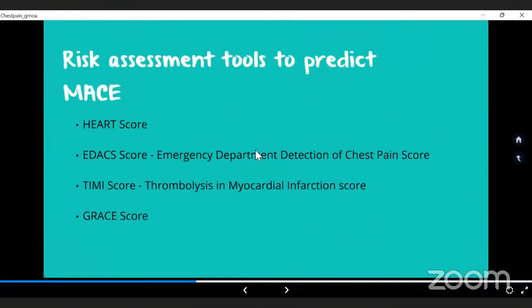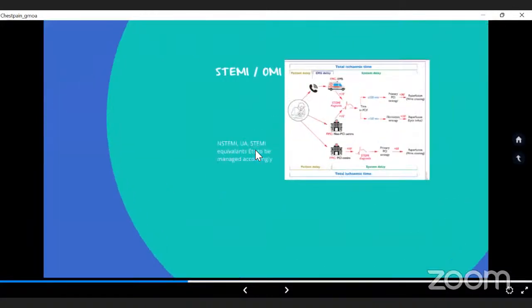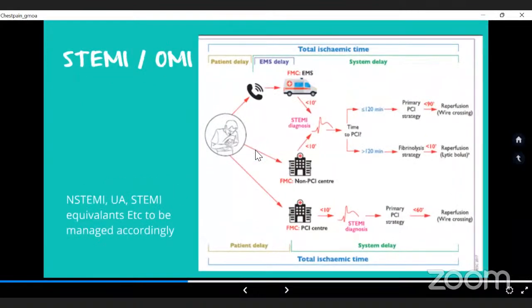Unstable anginas, you don't have to worry that much because it's not that time critical. For the non-STEMI, non-ST elevation myocardial infarctions and unstable anginas, what you have to give is anticoagulants. Anticoagulant means either heparin or enoxaparin.